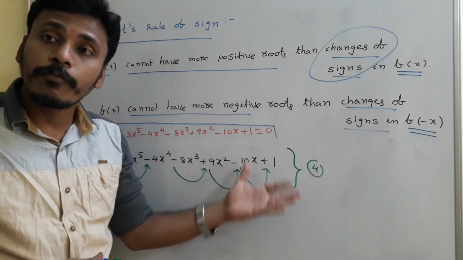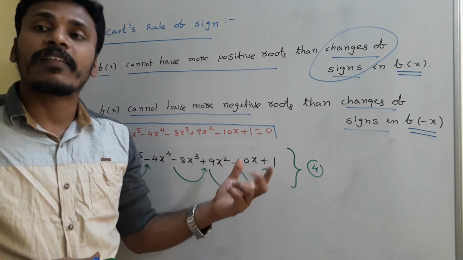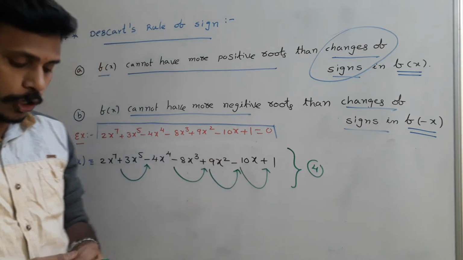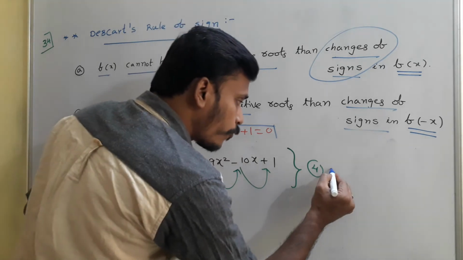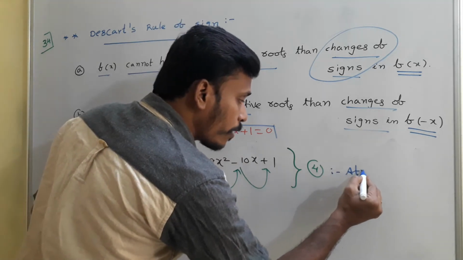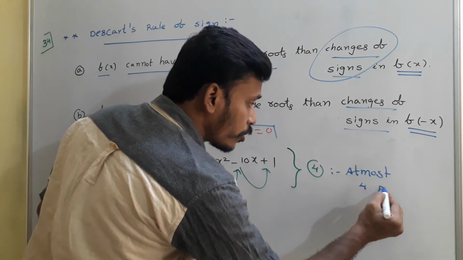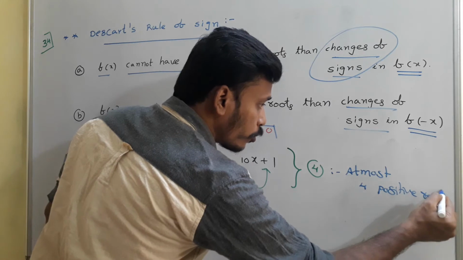That in the sense, it will have a maximum of 4 positive roots. So I will conclude here that this 4 represents that the polynomial equation has at most 4 positive roots.